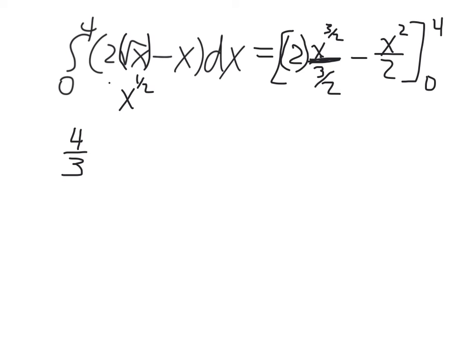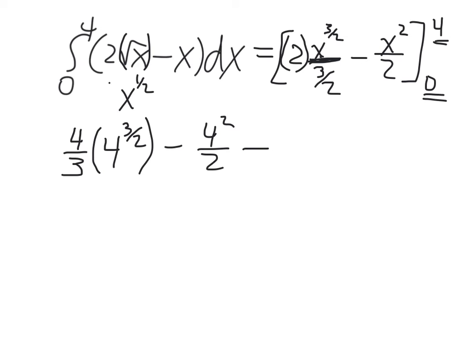And then we can start evaluating our definite integral. 4 to the 3 halves minus 4 squared over 2. And then minus, well, one thing you really have to watch with the 0, many times it just comes up to be 0.